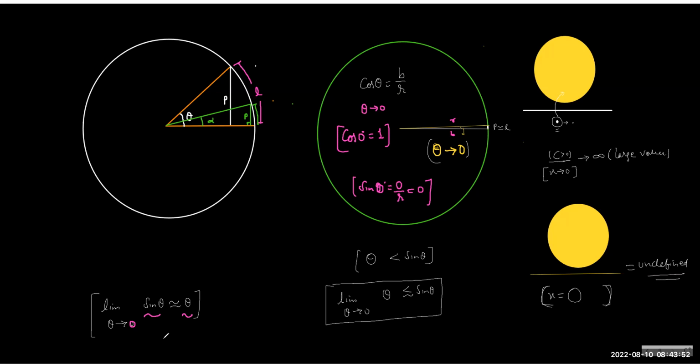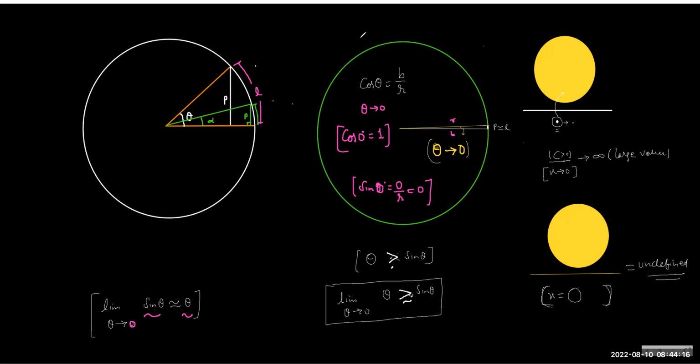So theta is a ratio, sine theta is another ratio, but they are different in general. Oh, my bad, I made a mistake here. Theta was more than sine theta, no? Just a minute. So theta is bigger than sine theta, right?